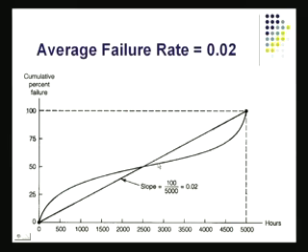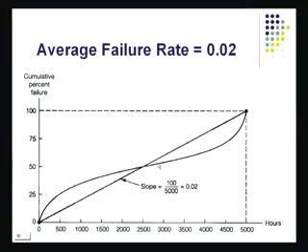As far as average failure rate is concerned, you span the full spectrum, the full life cycle of the product, and that will be starting at, in this case, 0 hours, going all the way to 5,000 hours when everything completely failed. And that slope will give you the overall average failure rate. Mind you, the failure rate in a true situation would be higher in the beginning and also higher toward the end.